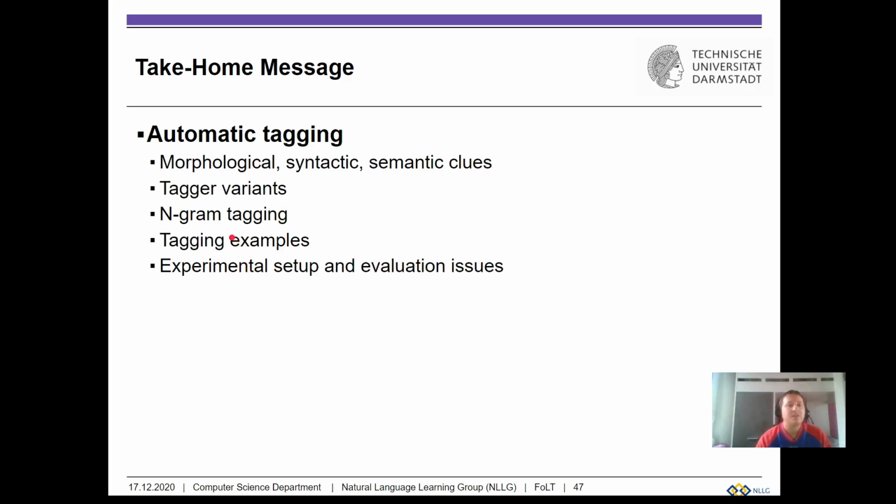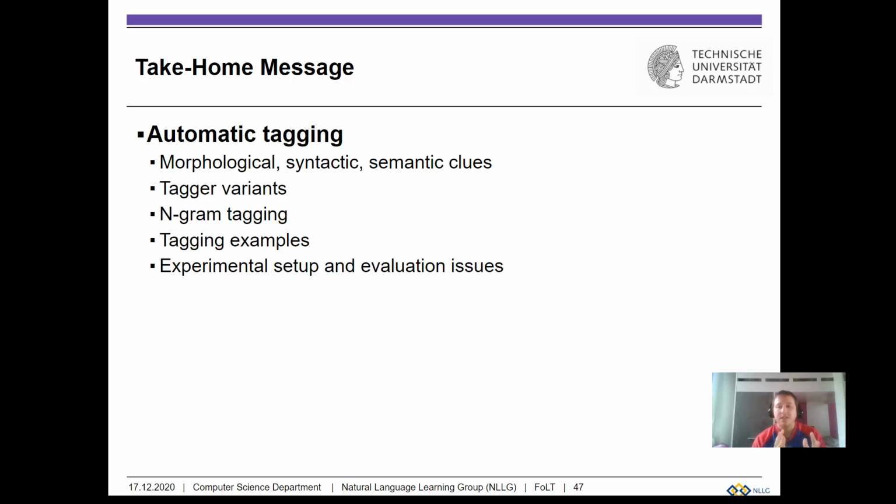We have seen different tagger variants, from baseline taggers to more complicated taggers. In particular, we have seen n-gram tagging and some tagging examples, what can go wrong, what can go well. We have seen the experimental setup to split in train and test set and do an evaluation, and how you have to do it properly. So you always have to take train and test into account.